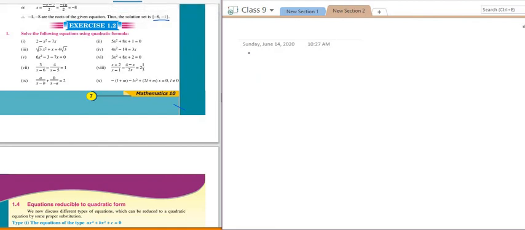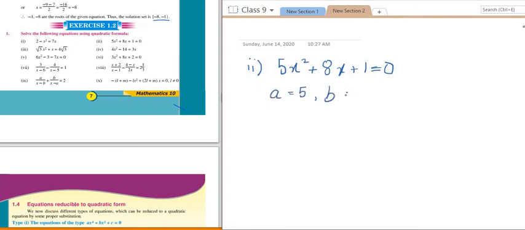Okay, second is 5x square plus 8x plus 1 equals 0. Now what is A? This is standard form. A is 5, B is 8, C is 1.